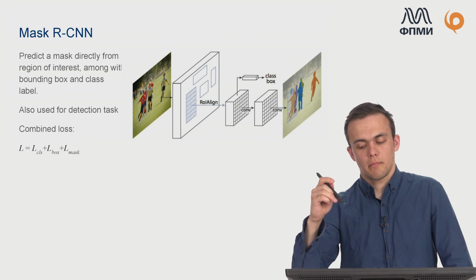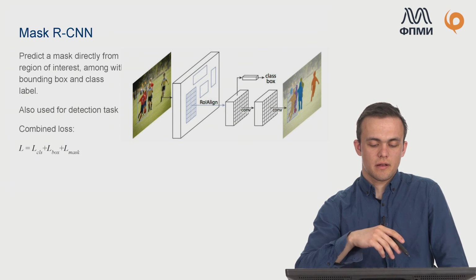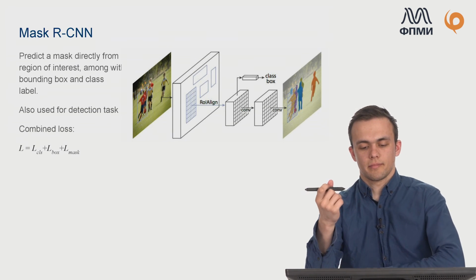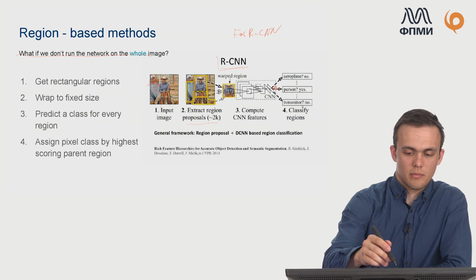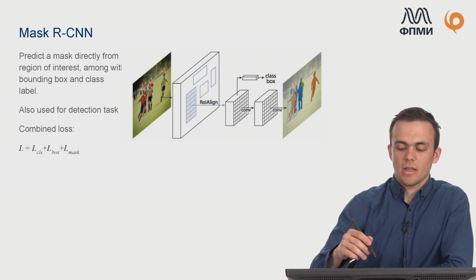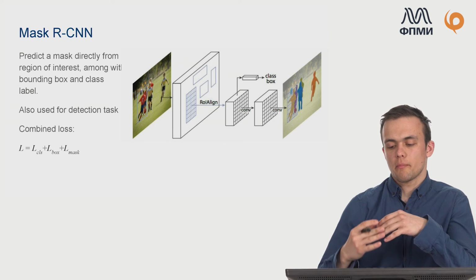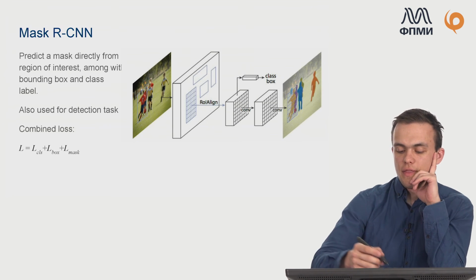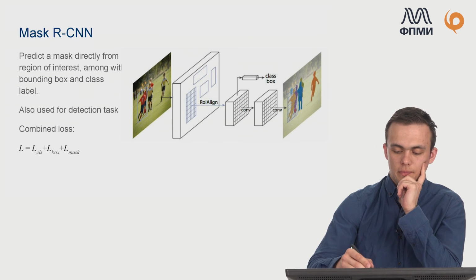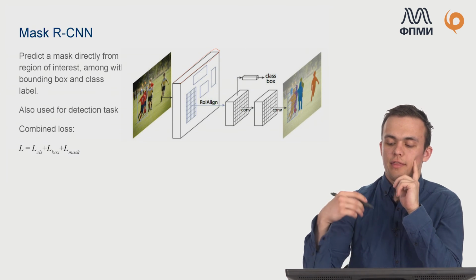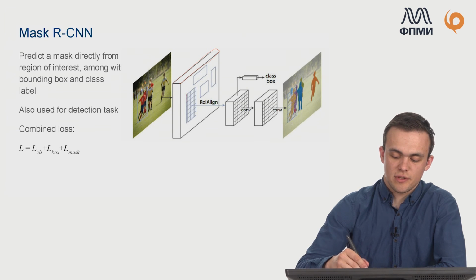You can use an extension of this algorithm that's called Mask RCNN. This Mask RCNN is the next generation of region-based models. The authors proposed to somehow mix different approaches. The whole image is first fed into a convolutional network. Here is the output of the convolutional network. Then you use another network to predict the regions of interest.